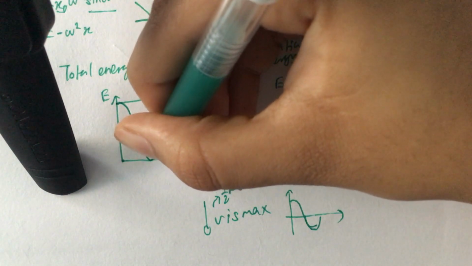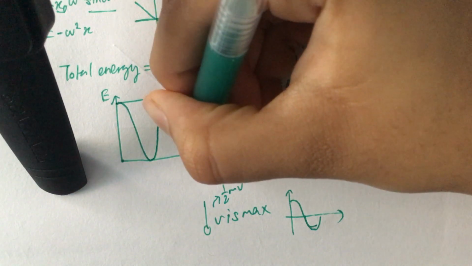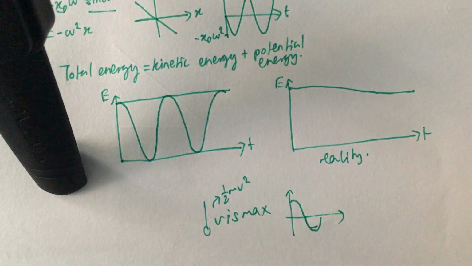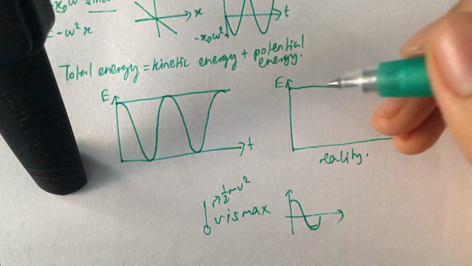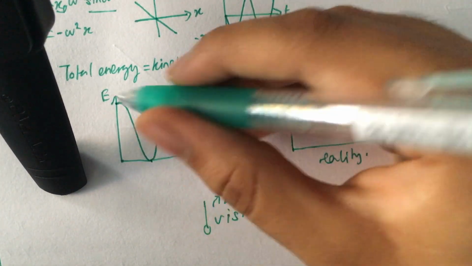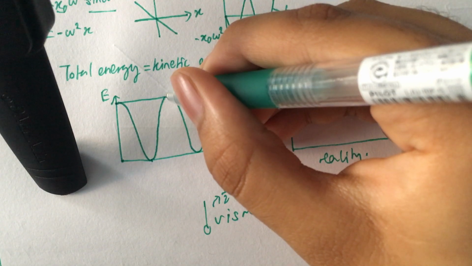And since kinetic energy is a v squared graph, and the velocity goes from maximum to 0 within the time that the pendulum goes from the center to the amplitude, the kinetic energy will go from maximum to 0, and then once the pendulum goes back, it goes back to maximum.